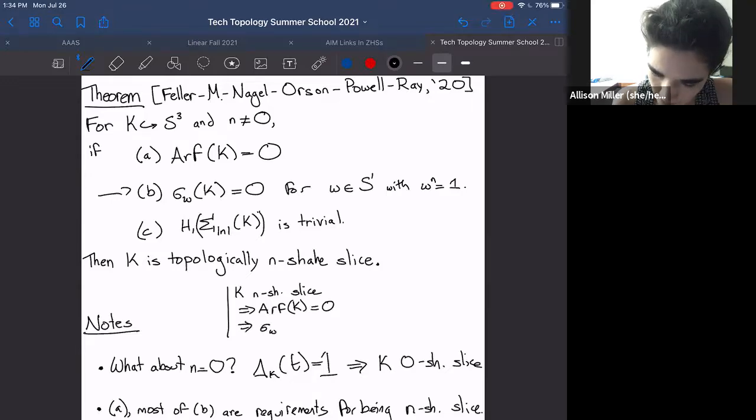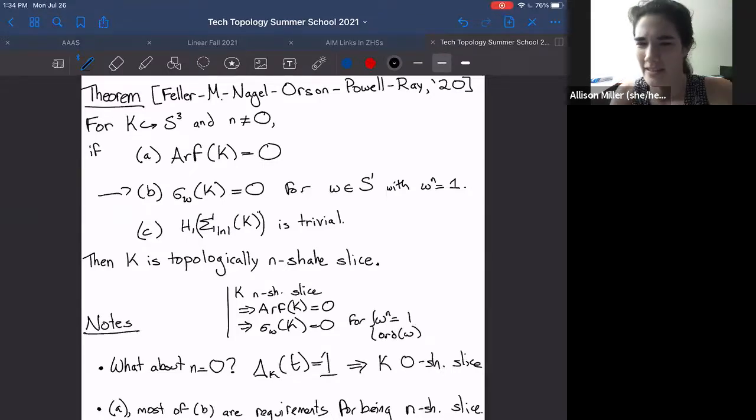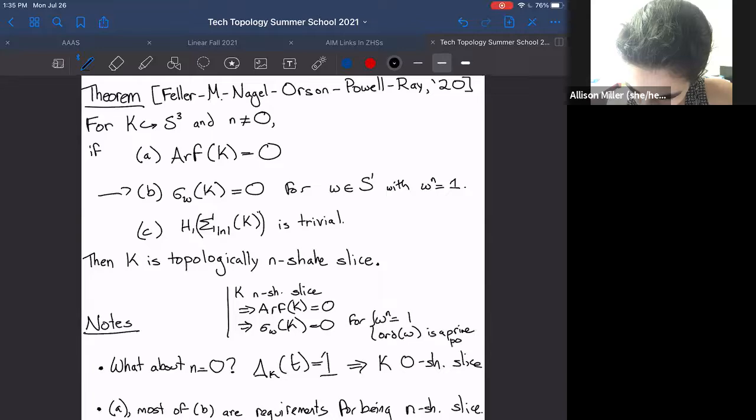And let me just write it. The Tristram-Levine signature is 0 for omega with omega to the n equals 1, and I'm going to write that the order of omega, as an element in a multiplicative group, is a prime power. And so those are requirements, obstructions to being n-shake slice.